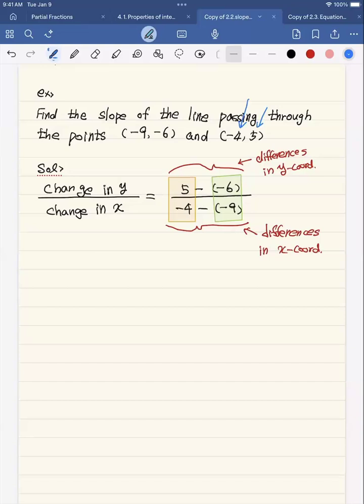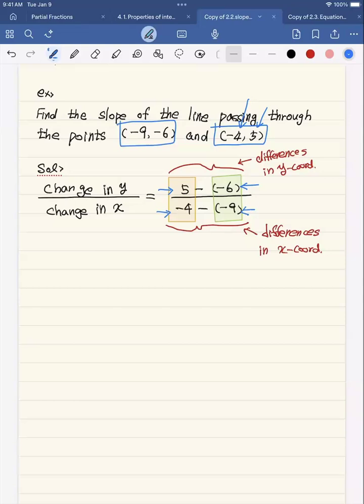So we chose to think about -4 and 5 in the first place, and then you will write y coordinate and x coordinate consistently, and minus y coordinate and x coordinate in the other coordinate.